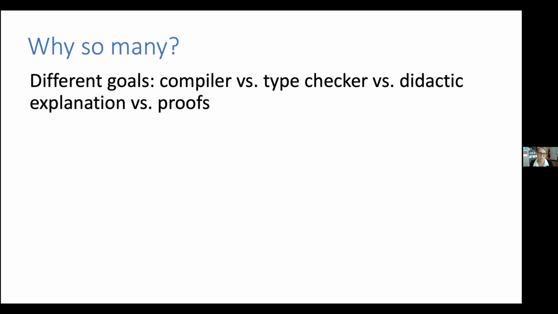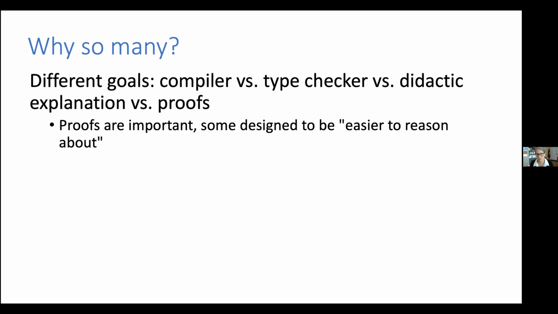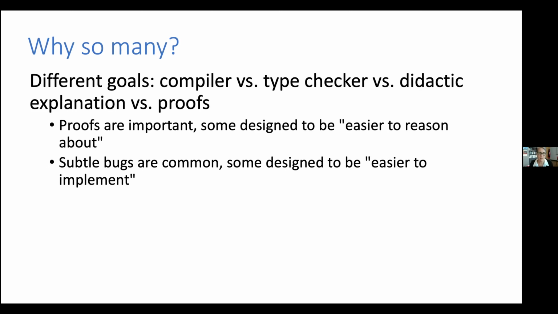Maybe they're implementing a compiler or a type checker, or maybe they're trying to explain how these operations work to their students, or maybe they are proving properties about a programming language. These different goals are in tension with each other, because what is good for one goal may not be as good for a different goal. A representation that is really good for proofs is one that is very easy to reason about, very pure, and structurally recursive, but that may not be one that is easy to implement. It may not be one that is fast.